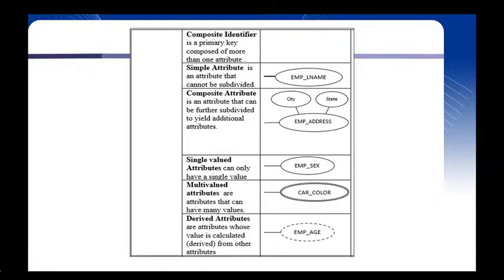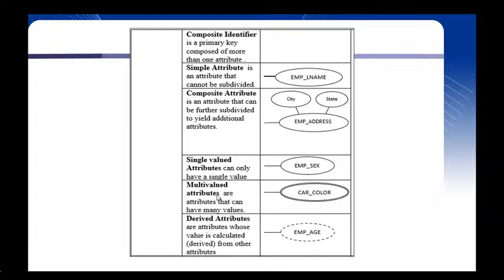So that is why it's called composite attribute. And we have also single valued attributes. Single valued attributes can have only one single value. That's why it's called single valued. So example here is the sex. That's why it's single valued because we can have only male or female.